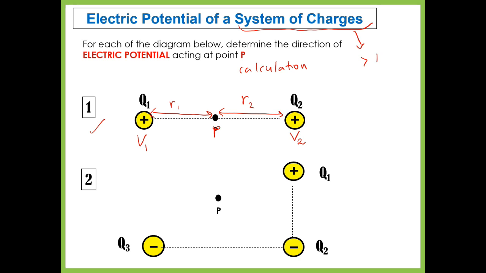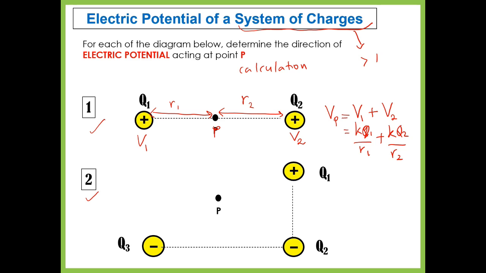To calculate the electric potential at point P, it is the electric potential due to charge 1 at point P plus the electric potential due to charge 2 at point P. So electric potential is KQ1 over R1 plus KQ2 over R2.